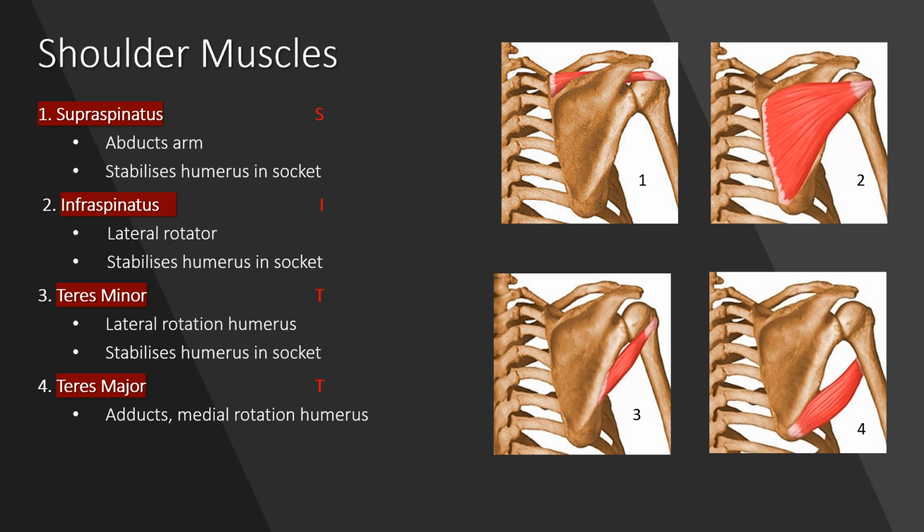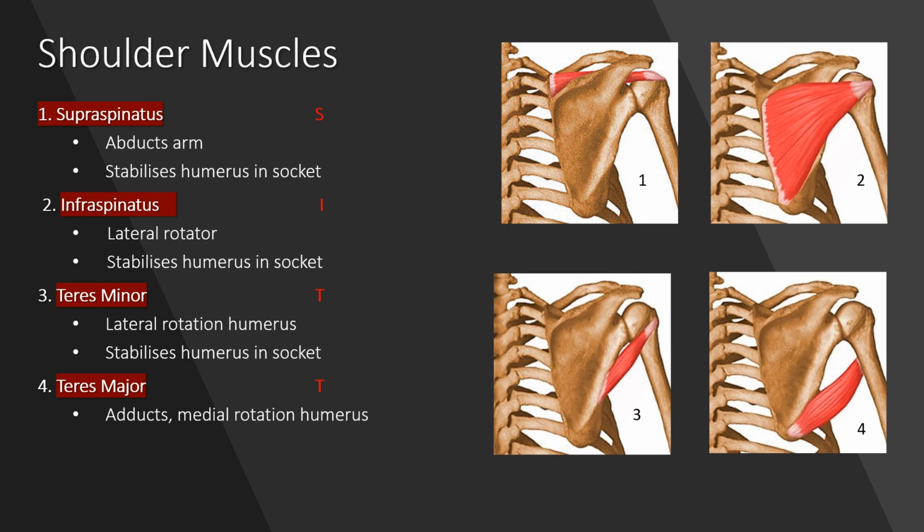So that means coming away from the body, probably only about 3 or 4 inches at most, because if you go further out with an abduction, then the deltoid muscle at the top of the arm kicks in. So supraspinatus is a slight abduction of the arm away from the body, enough to carry a shopping bag. And it stabilizes the humerus in the socket.